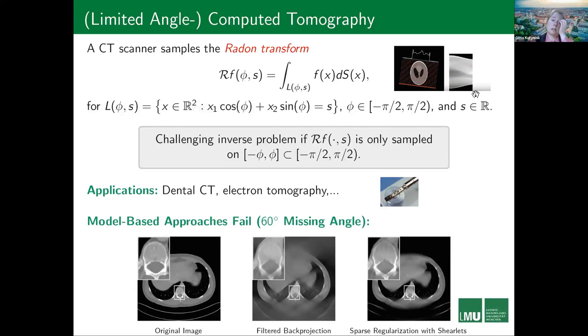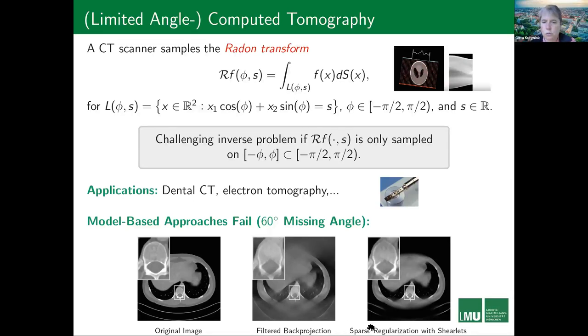And so you see here the problem classical approaches face. Here you see the original image, which we typically would like to reconstruct, and then the measurements are taken with a 60-degree missing angle. Here you see a very traditional reconstruction, and it looks really bad. You see a lot of distortions here and here.